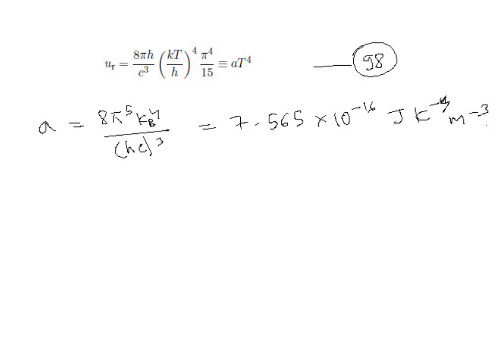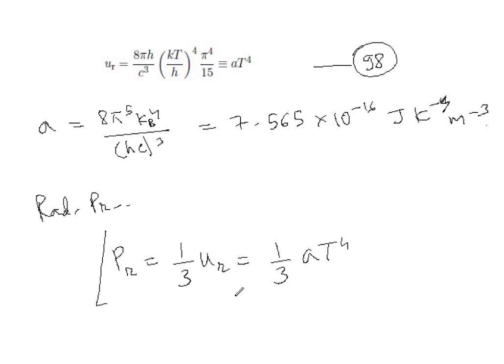Now as a result, the radiation pressure, or basically the pressure exerted by photons, is given by what? You remember our virial theorem? There we discussed, since we are talking about relativistic systems, this is just 1 by 3 times U_R, or 1 by 3 times a T to the power 4.